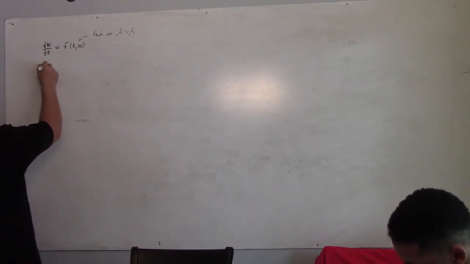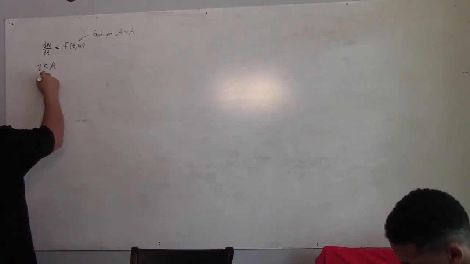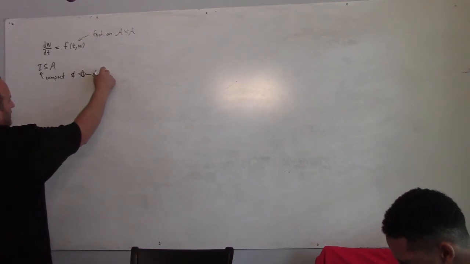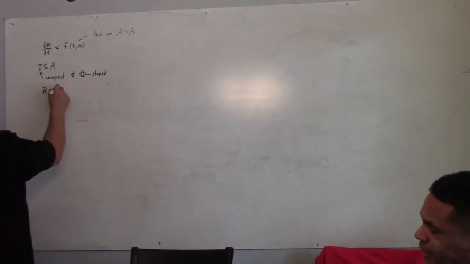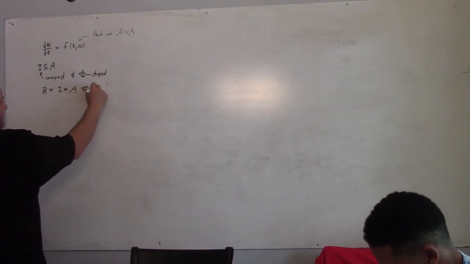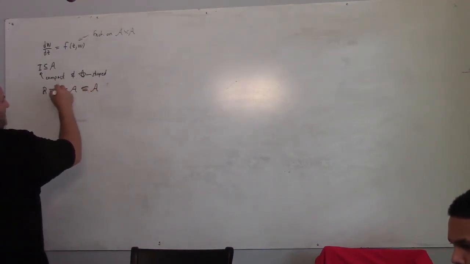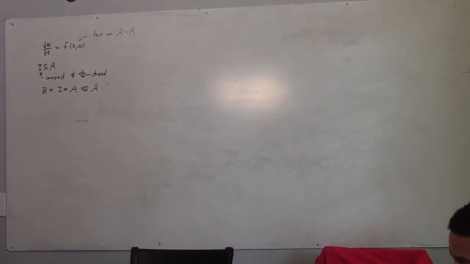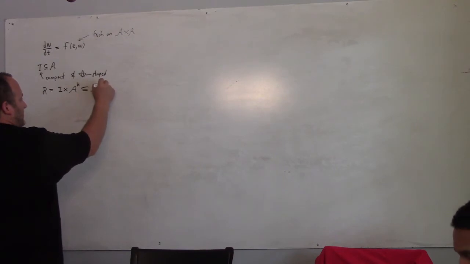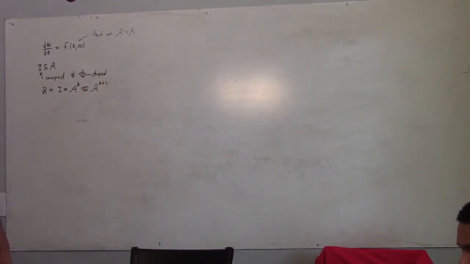So I is a subset of A. It's compact and star-shaped, right? And then R is I cross A^k. So technically that would be a subset of A^(k+1), for what it's worth.